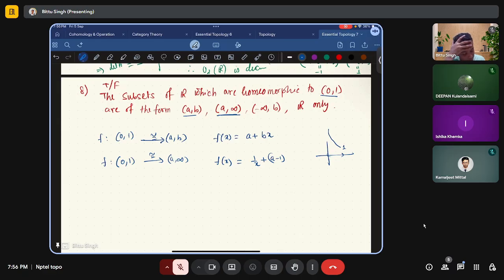How can you see that this is a homeomorphism? Y equal to 1 by x plus a minus 1, then x equal to y minus a plus 1, 1 by... Okay, there will be some problem.